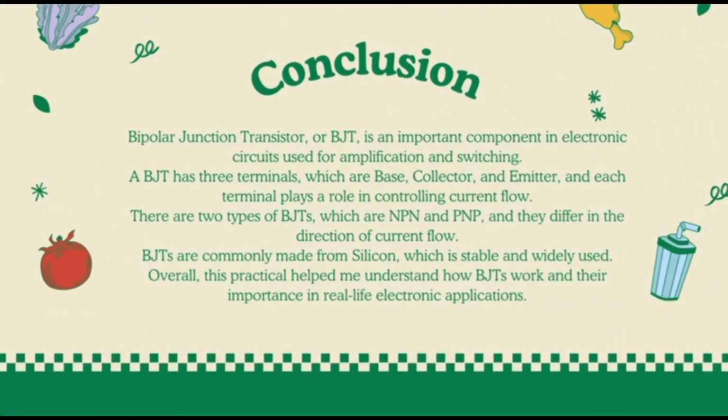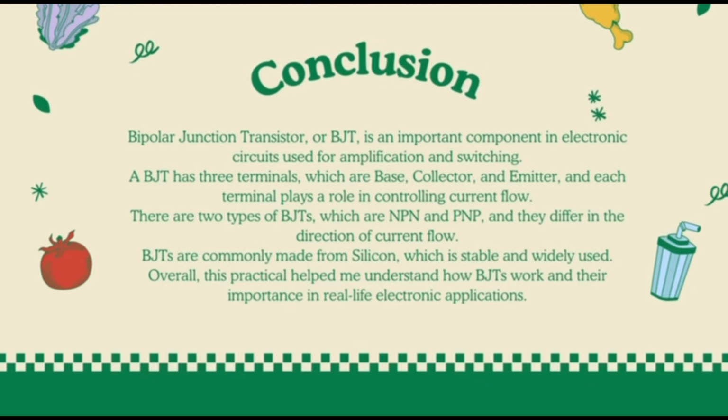So guys, we have already arrived at the end of this video, which is our conclusion for today. The bipolar junction transistor or BJT is an important component in electronic circuits used for amplification and switching. A BJT has three terminals, which are base, collector and emitter, and each terminal plays a role in controlling current flow.